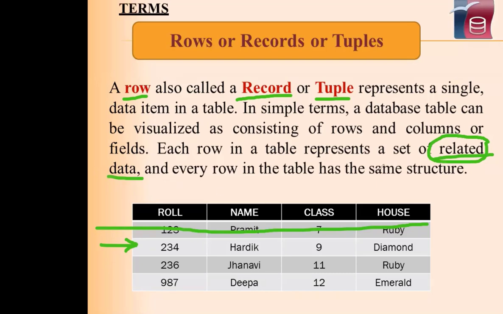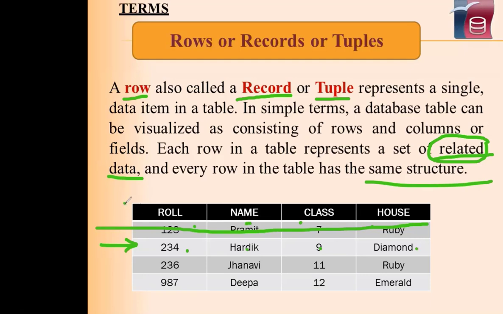And every row in the table has the same structure. That's very important. You cannot have a different structure for each row. Say, for example, for the first student, I'm storing the roll number, name, class, and house, and for the second student, I'm storing roll number, name, telephone number, and email ID. That is not done.